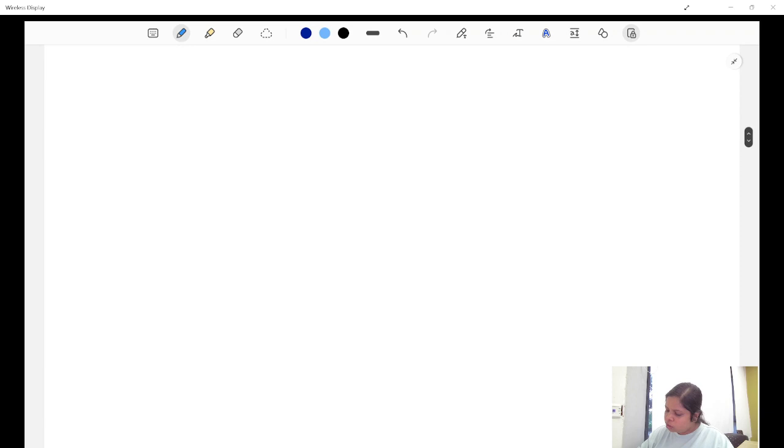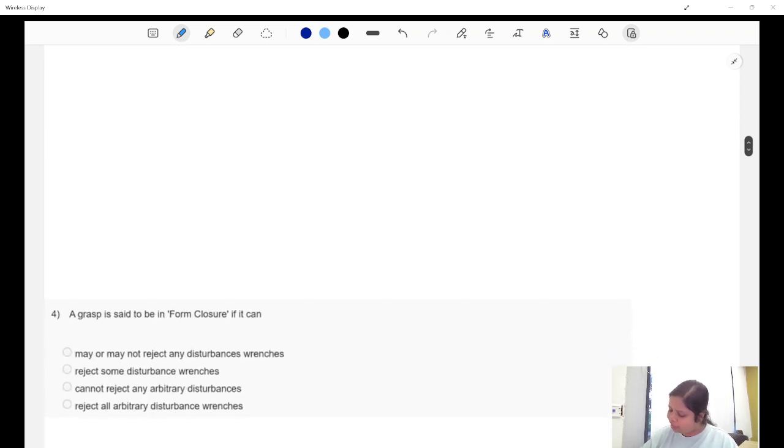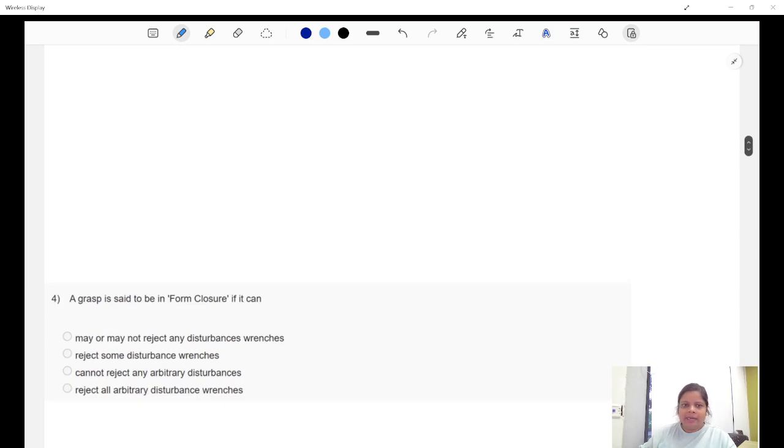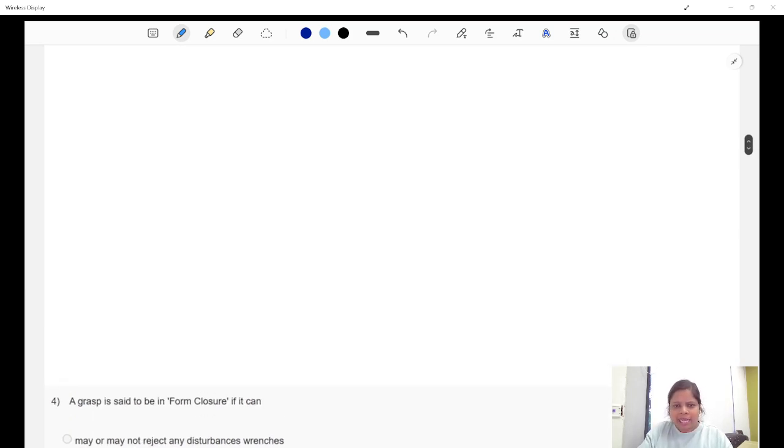Actually, form closure will help you do that, the question that you're asking. Force closure won't. So force closure can only reject all external wrenches. That is what I am seeing here. And yeah, a grasp has force closure if the contact force can arbitrarily balance any external wrench, right? Not external twist. We don't say that. So for twist, it cannot do. Thus it can just do for external disturbance wrench.